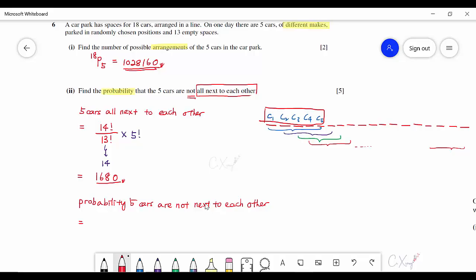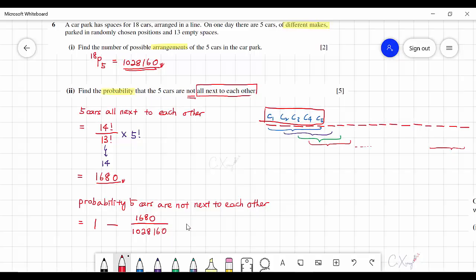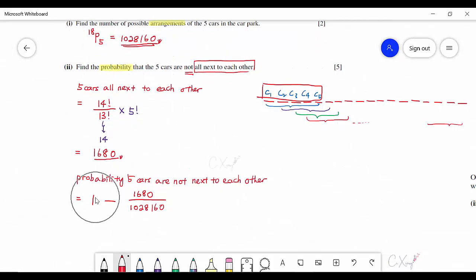So to get the probability, I need to take 1 minus the all-next-to-each-other probability, which is 1680 divided by the number of arrangements without restriction, which is 18P5. Or you can put in the answer 1028160. So 1 means the total probability minus the all-next-to-each-other probability.